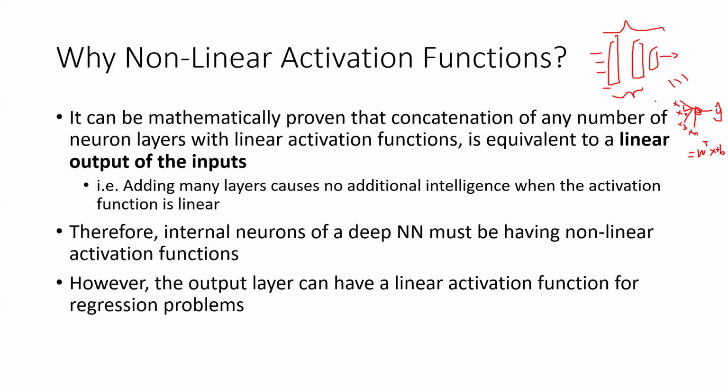So although you are using any number of layers and any number of neurons, if you are not using a nonlinear activation function for the internal layers, mathematically we can prove that it is equivalent to a single neuron without any nonlinear activation. That means it would be equivalent to a linear combination of x values and a weight vector, right?